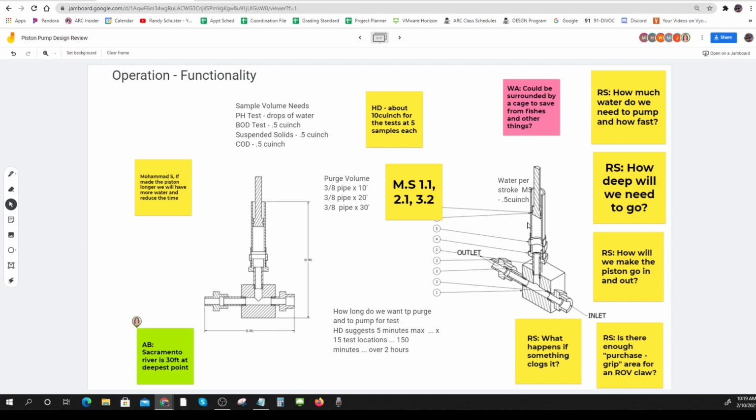Okay, so how many strokes to get the purge plus my sample done in 5 minutes? How many times do I have to stroke that?